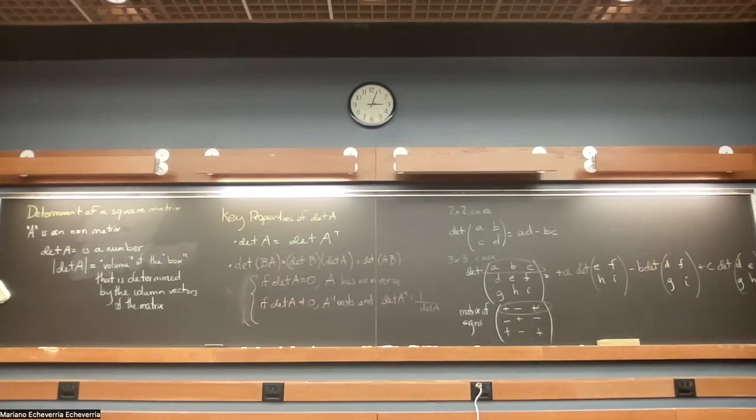And that's it, in the sense that you just have to compute some mini determinants and do all of this arithmetic, but that will be the answer. So let me give you an example so that we see how this looks.